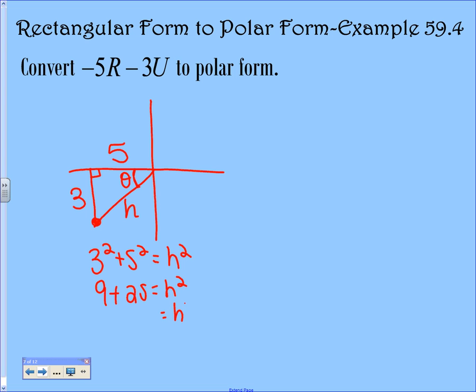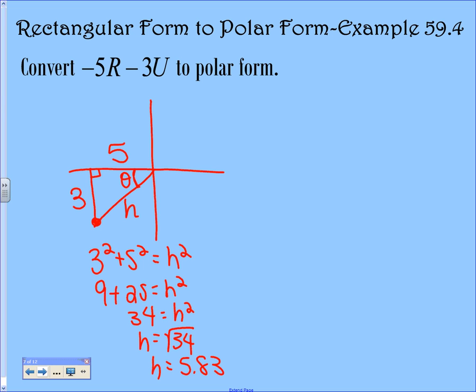So h squared equals 34. So h equals the square root of 34, which is 5.83.